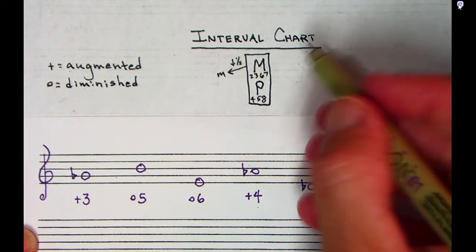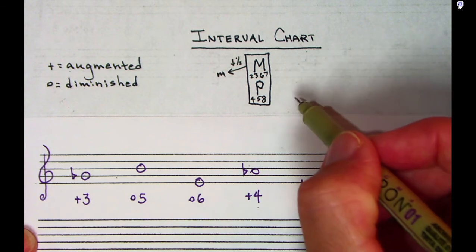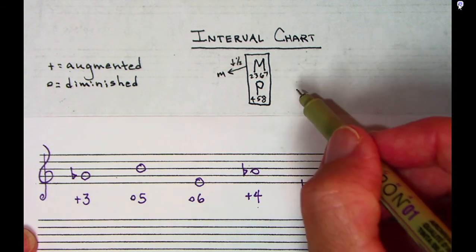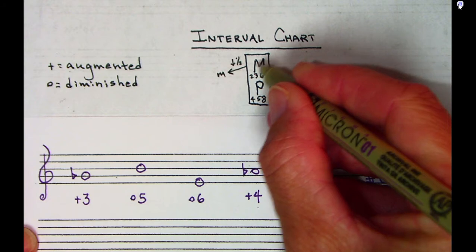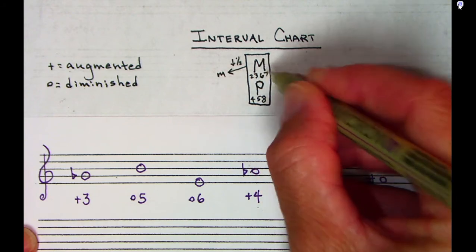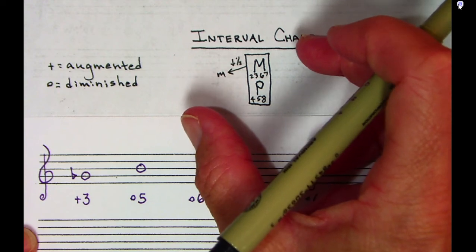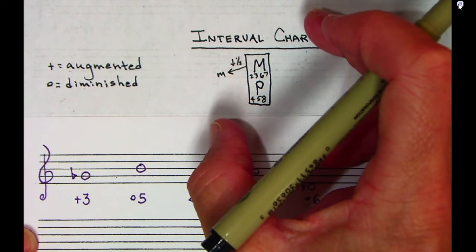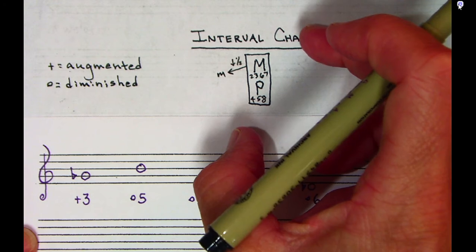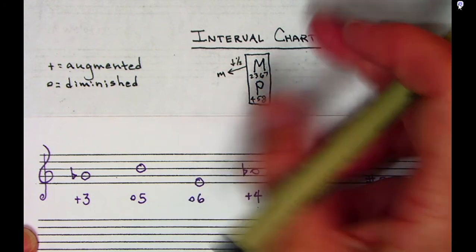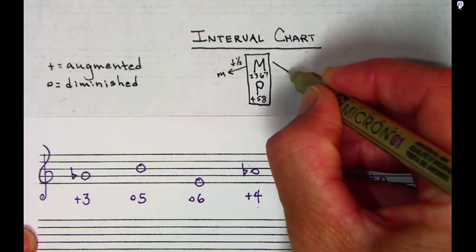We're going to do augmented first. To augment the space between two things means to make the space bigger. They're all the same. So if you take any major or perfect interval and expand the space between it by half a step, that means raise the top note or lower the bottom note. But in this case, we're going to raise the top note and expand that space by half a step.